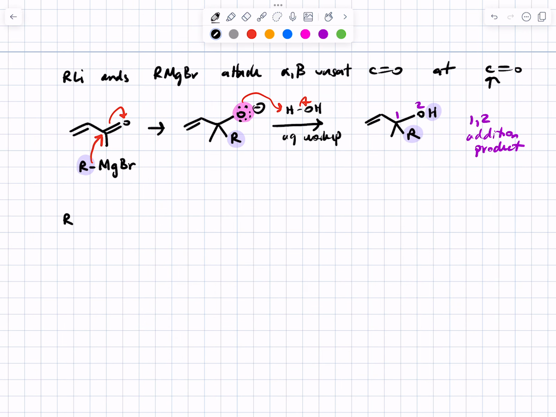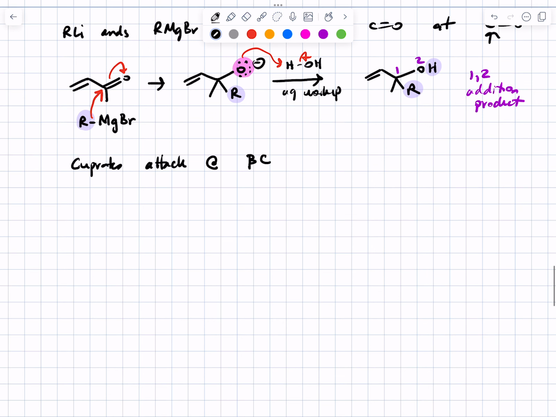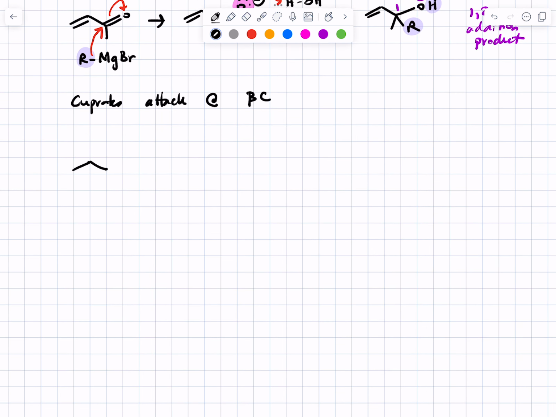Now, cuprates have unique reactivity. Cuprates attack at the beta carbon. Okay, so let me show you how to do this. I'll refer you to the resonance structure above to remind you of how and why the beta carbon is reactive to nucleophilic attack.